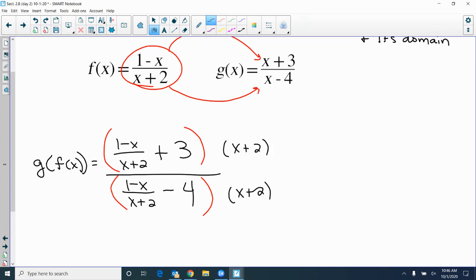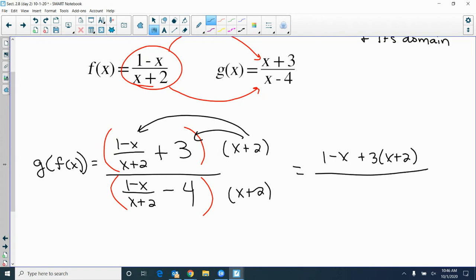You got to multiply the top and bottom by the same thing because of math rules, keep it consistent. Now, what happens when I multiply it times the first one? It's like you just distribute it. It will do what with that x plus 2? It will cancel it. So I'm left with 1 minus x. And now I multiply it times 3, and it just becomes plus 3 times x plus 2. And then distributed here, it cancels that x plus 2, and I get 1 minus x minus 4 times x plus 2.